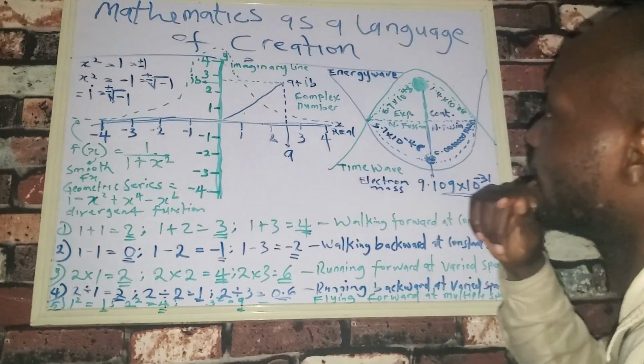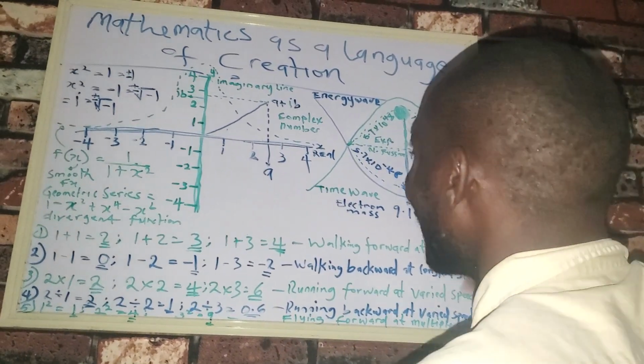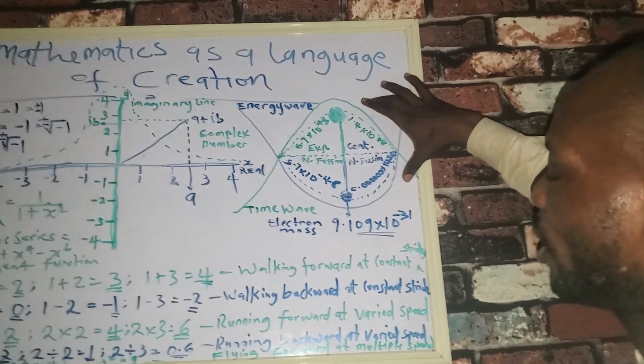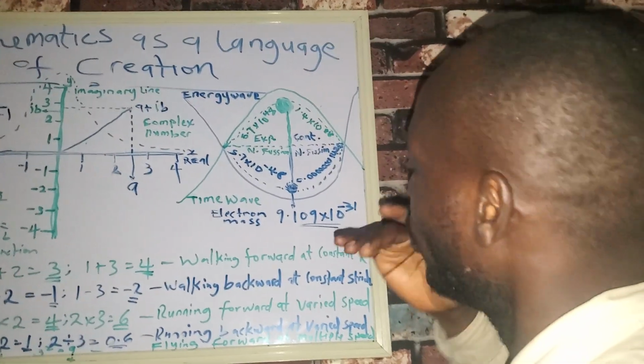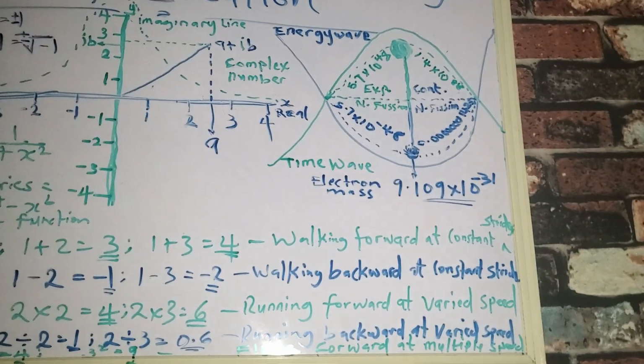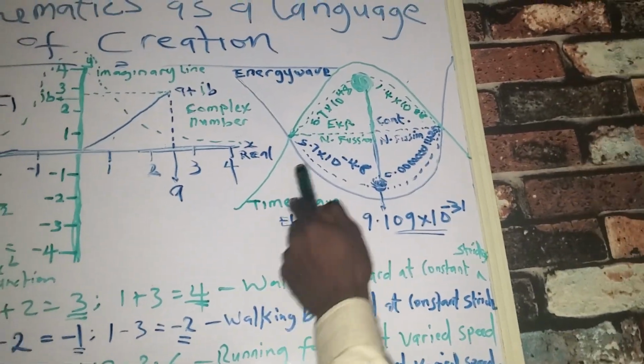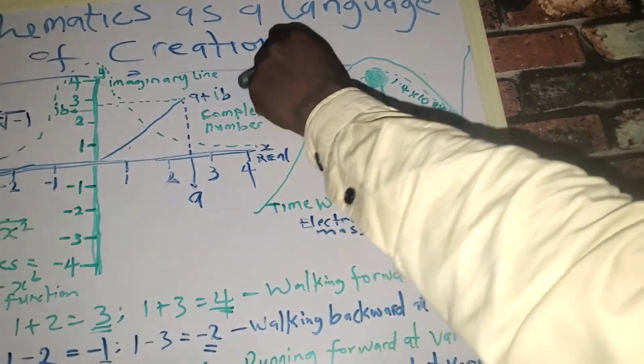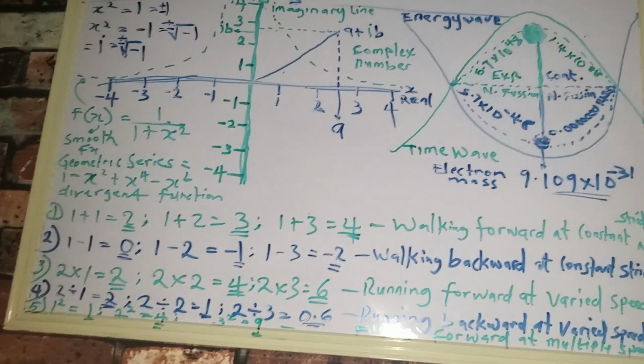Now, to solve that, we really need to understand the time energy wave model that we have right here, and we're going to look at how we can connect this time energy wave model to activities in the complex plane right here.